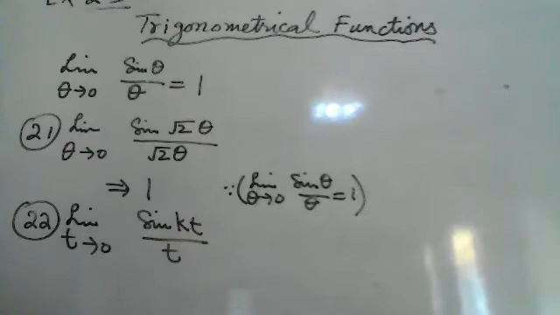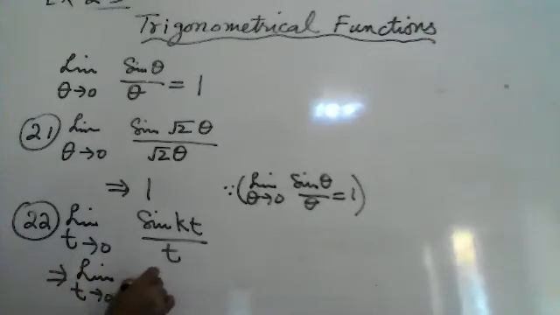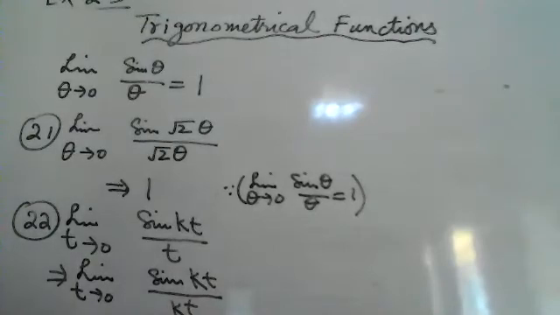Now here we can see that the sine of the angle is kt, but here it is only t. So we will multiply it by k, and it will become kt.